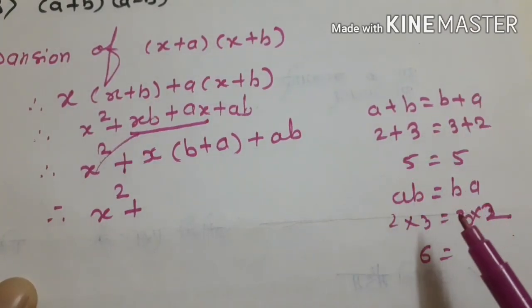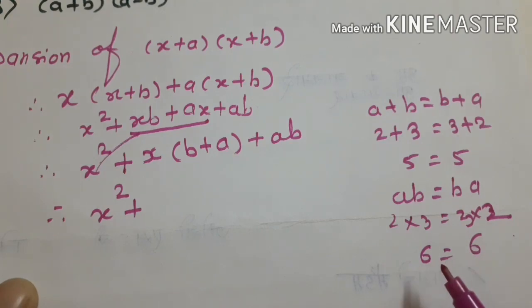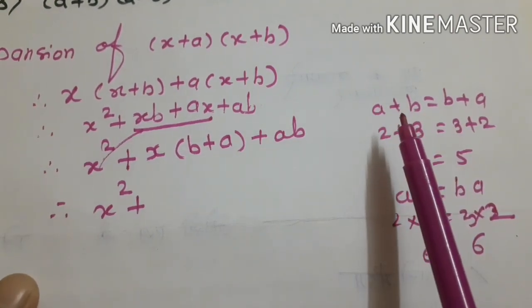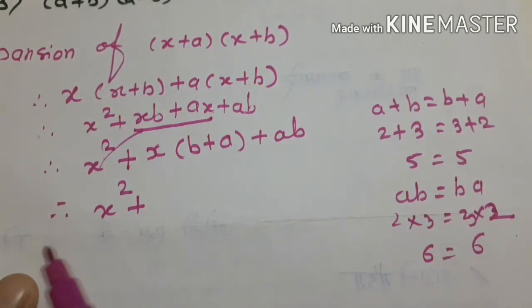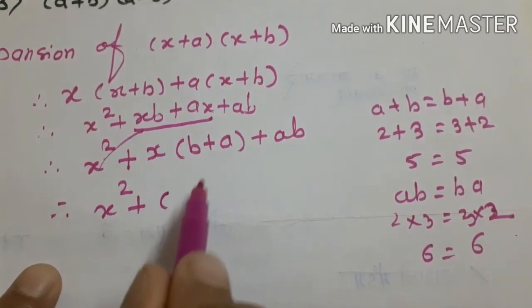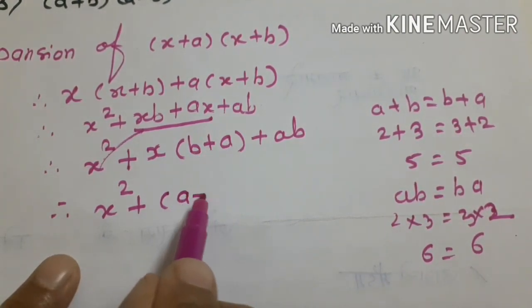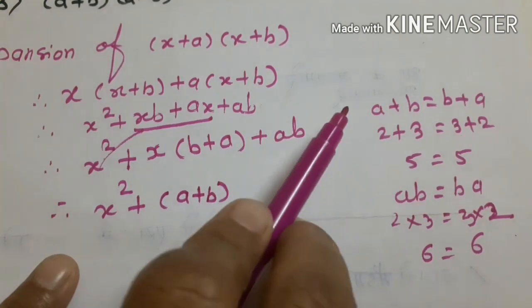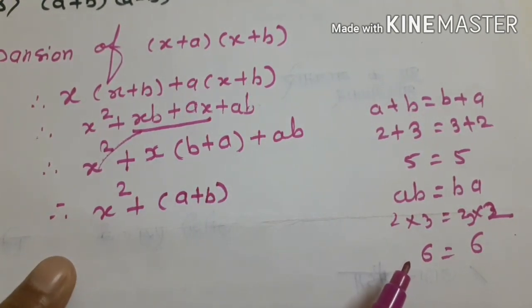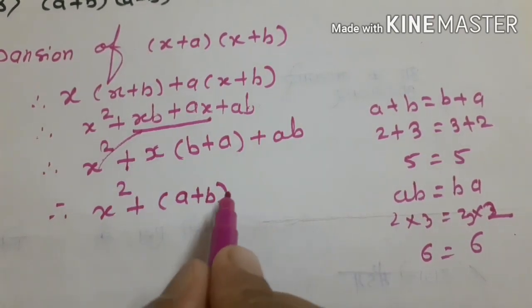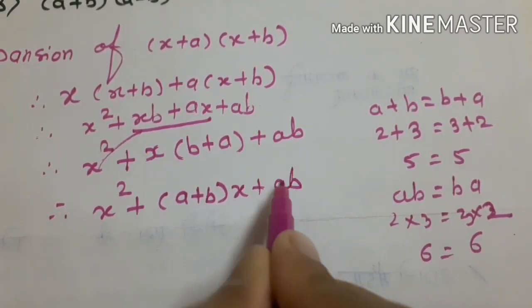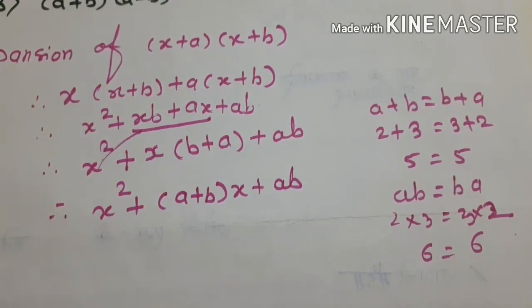Addition and multiplication are commutative properties, meaning if we change the terms, there is no change in their answers. Now we write this expansion as b plus a means a plus b. Why? I gave here some expansion or formula of commutative properties. By using commutative property we write x into (a plus b). Now this is the expansion of (x plus a)(x plus b).